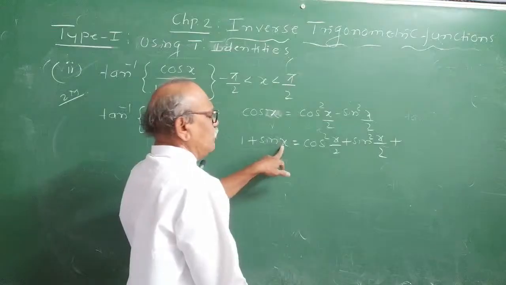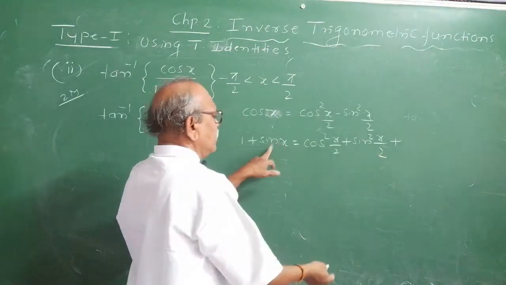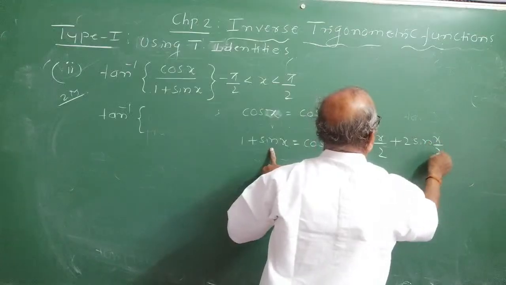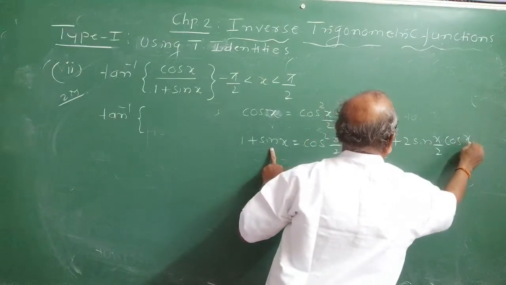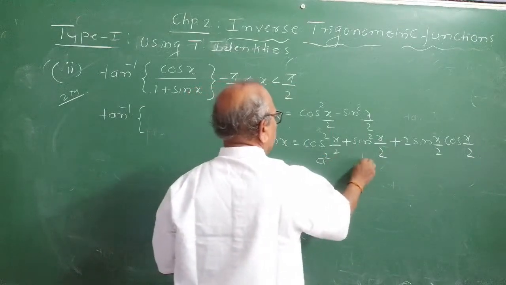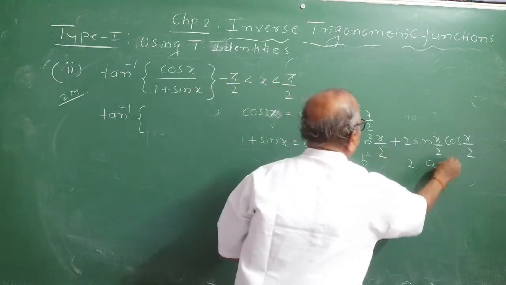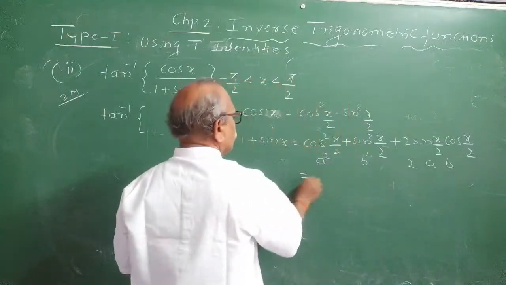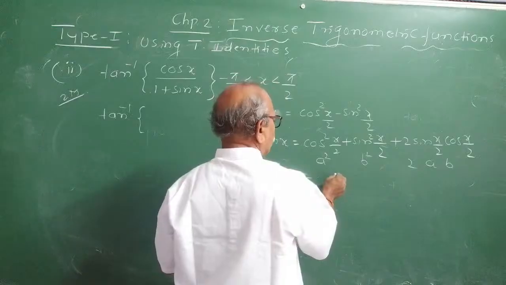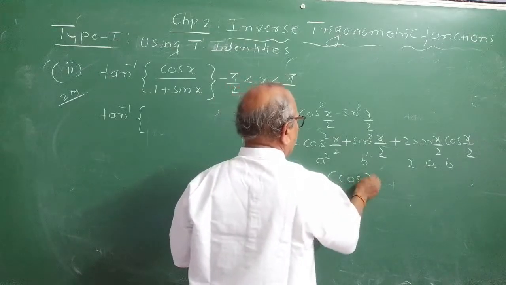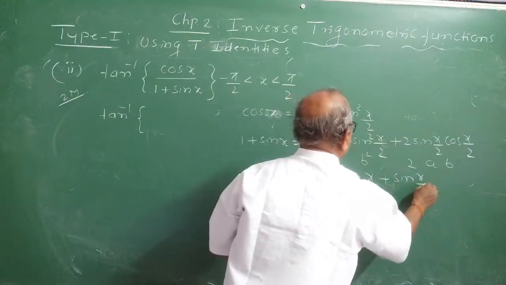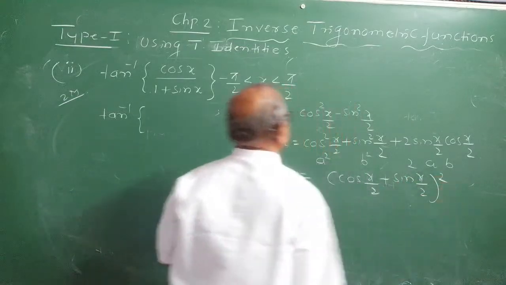Sin 2x is 2 sin x into cos x, so sin x can be written as 2 sin x by 2 into cos x by 2. Observe, is it not in the form of a square plus b square plus 2ab? Then it can be written as a plus b whole square. There you get cos x by 2 plus sin x by 2 the whole square.